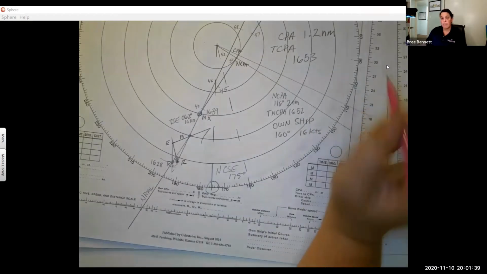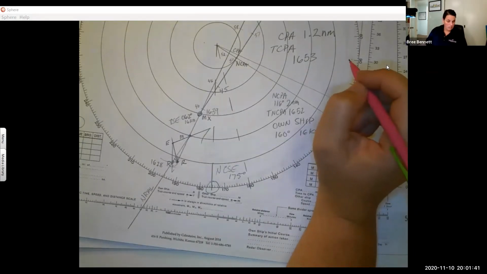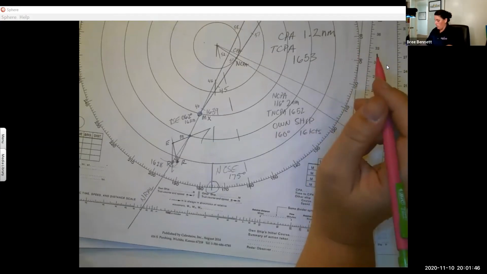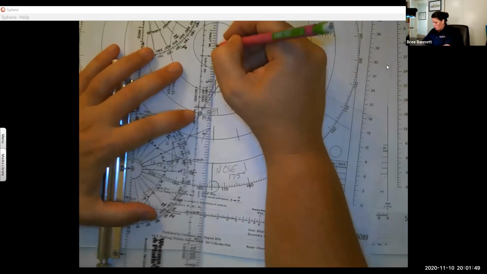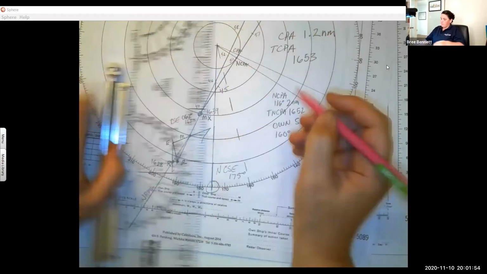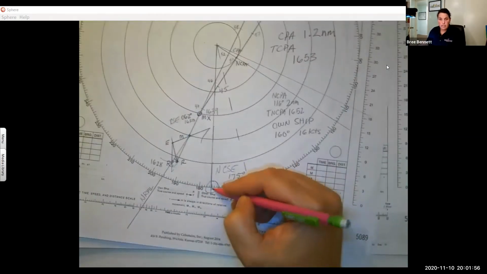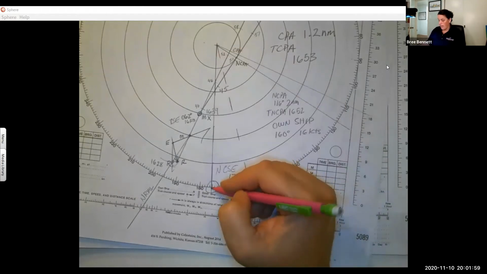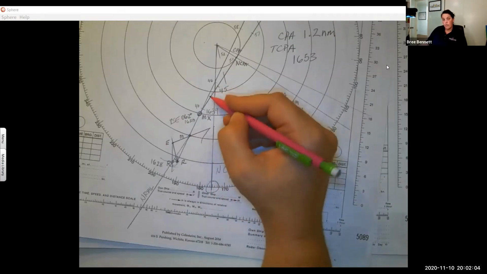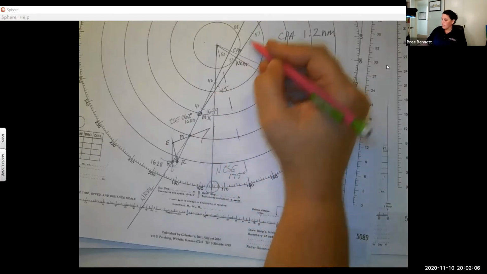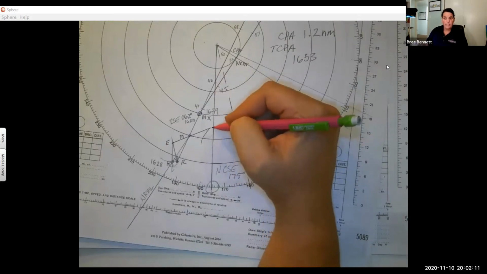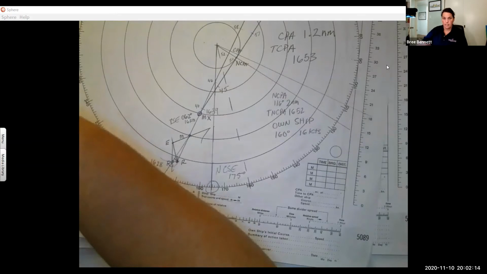Then they asked us what our new bow crossing distance is. So we didn't draw in our new, oh, I kind of did. Draw in our new line. So we changed course to 175. And if they continue following the new relative motion line, where is that new relative motion line crossing my heading or crossing my bow to give us a bow crossing distance?